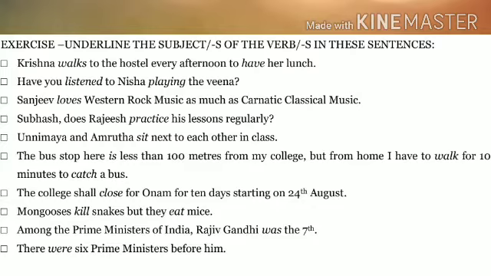So the first sentence: Krishna walks to the hostel every afternoon to have her lunch. Okay. You have got two verbs here. One is walks. Okay. To walk is the infinitive form. Walks is simple present. And have her lunch, have lunch is the second verb. Okay. Have in this case is transitive because you can't just say have.